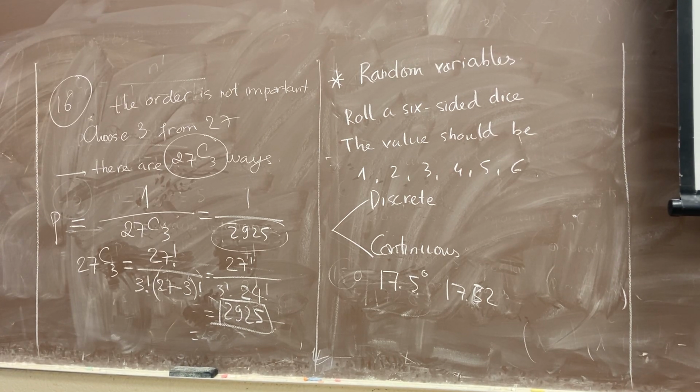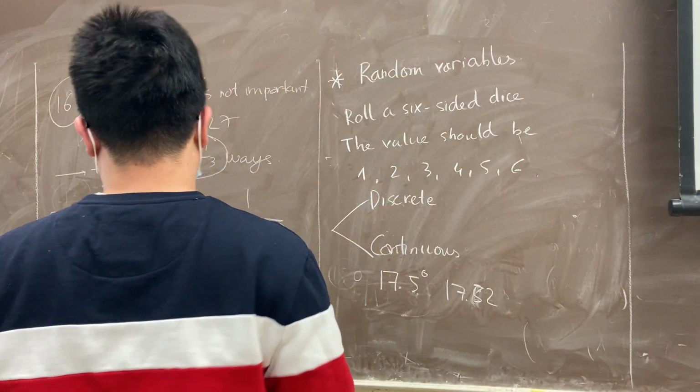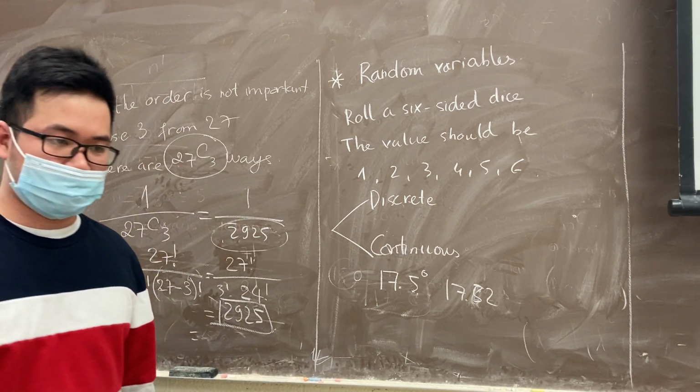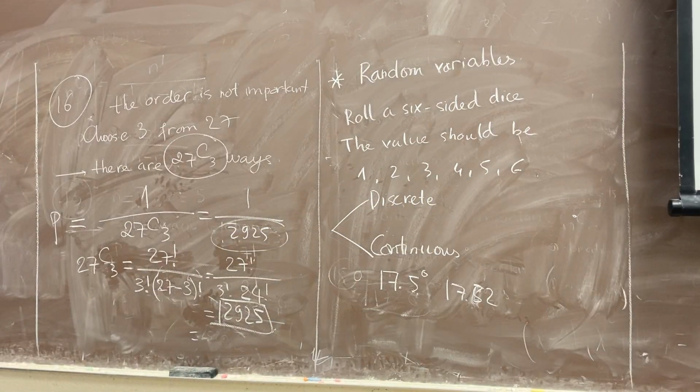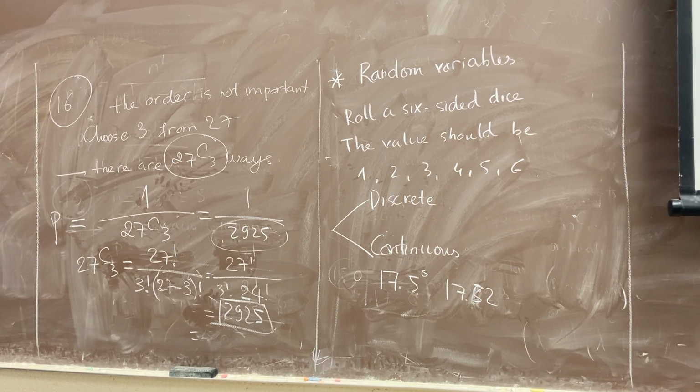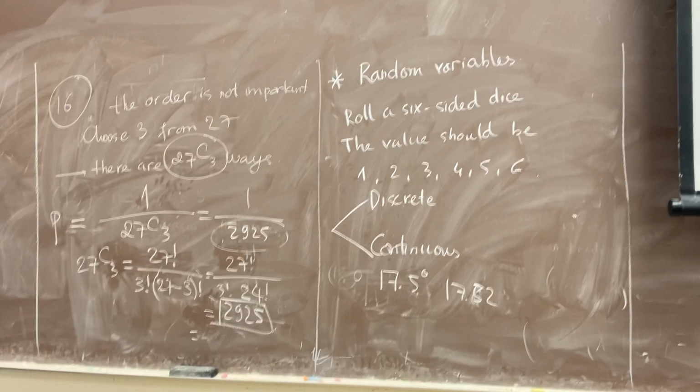Would it be continuous? You cannot count continuous values, but here the number of pizzas you can count: one pizza, 2 pizzas, 5 pizzas. So in this case, this is a discrete random variable. Continuous random variables are things we cannot count, like temperature, the height of a student, or the weight of a student. Okay, is it clear, guys?